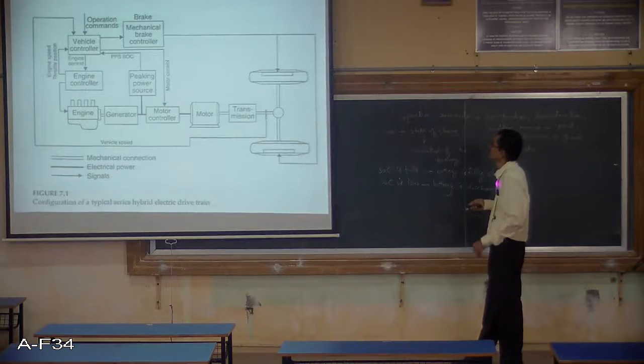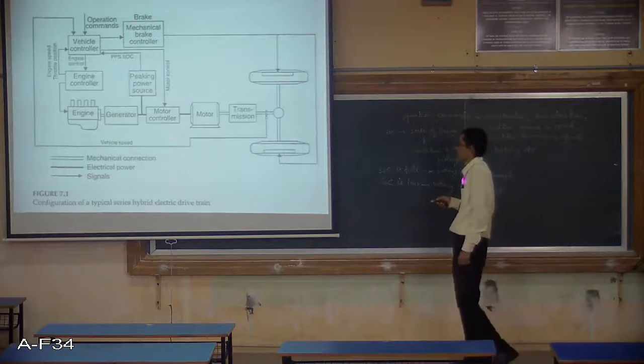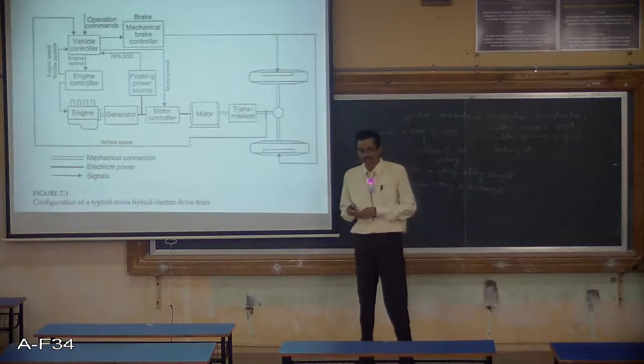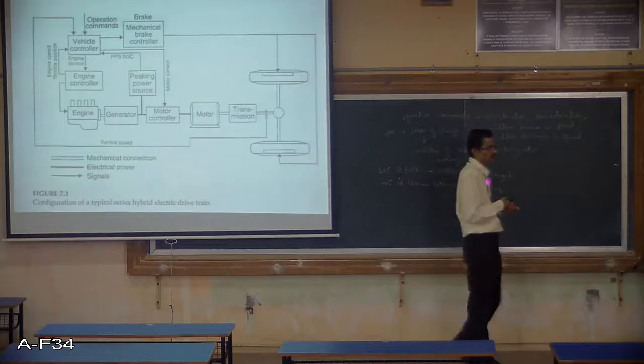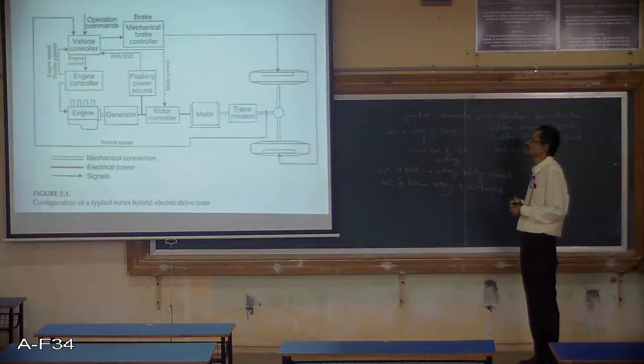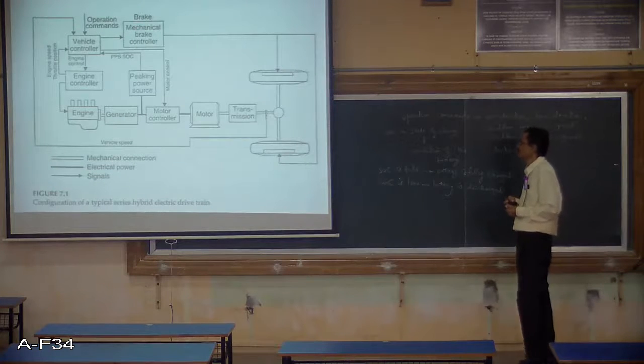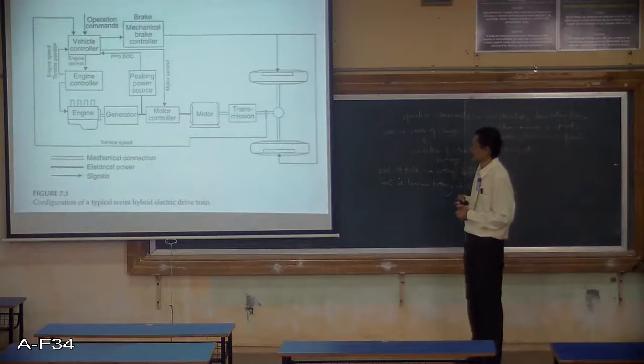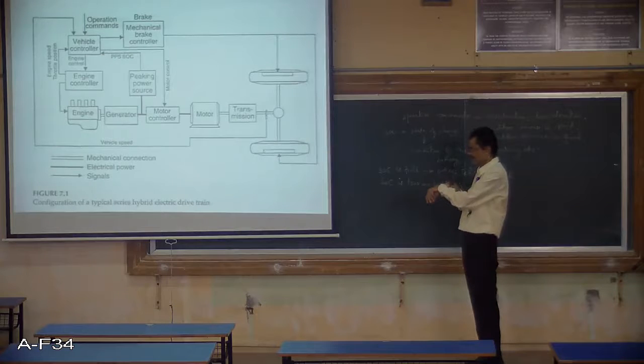So here this particular topic discusses the design of all the different blocks, how it can be done for a given application. Okay, anyway, we are not going to design any system as such, and I am only giving you the insight of what are the major blocks available in the series hybrid drivetrain. So I think we shall stop here today.